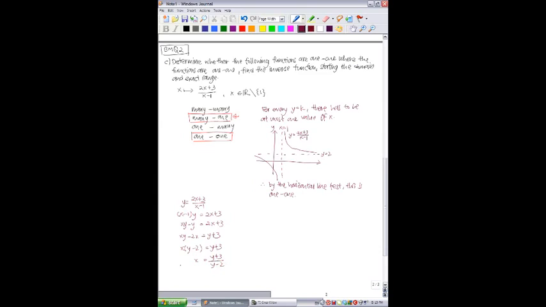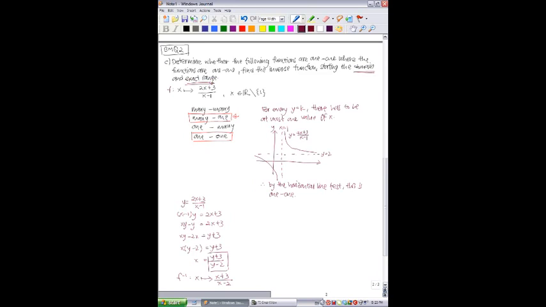So this tells you that the inverse function fulfills the condition (x + 3)/(x - 2). If the function above was f(x), this would be f inverse, such that x will be mapped to (x + 3)/(x - 2), and it is not complete. We still need the domain and the exact range.